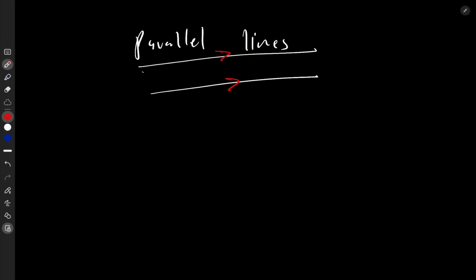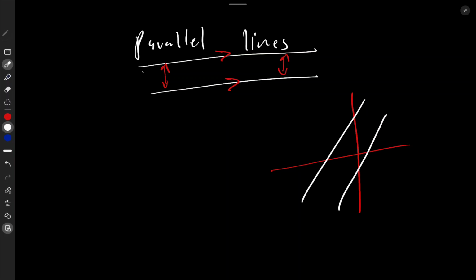In other fields of geometry, as you grow old with your maths, you'll find them meeting, like on a sphere, but for now, just get it. Parallel lines don't meet, and they have an equal space in between. If they were on the Cartesian plane, parallel lines would have the same gradient.